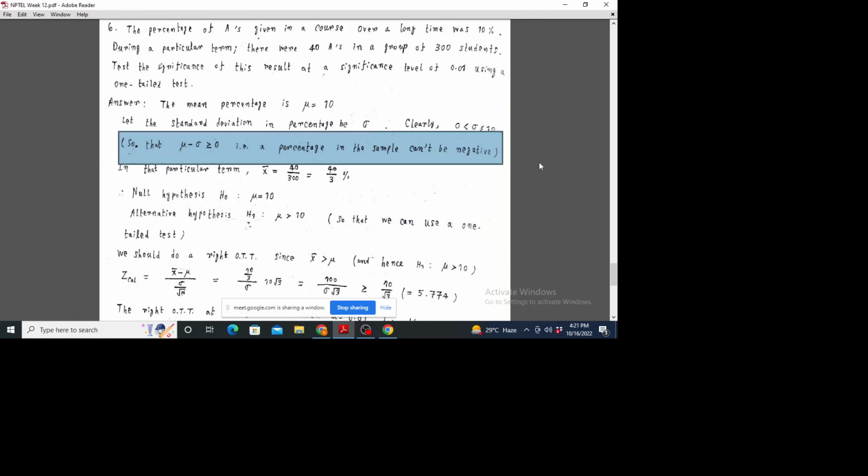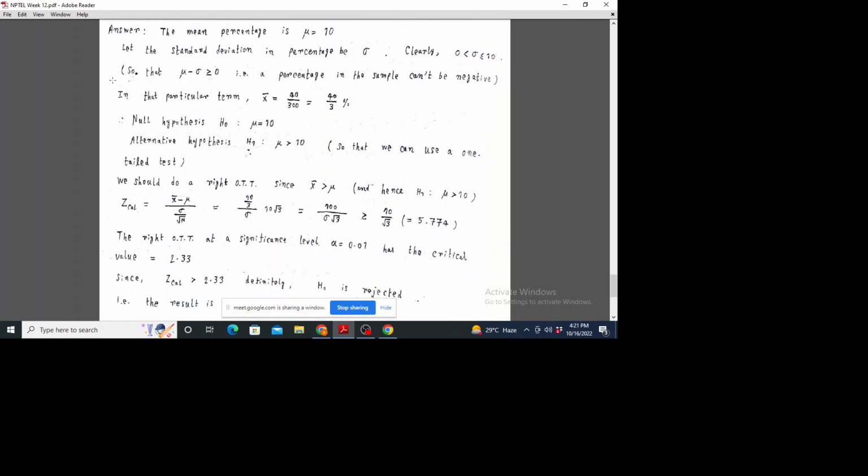So the sigma can only lie between 0 and 10. Sigma cannot be greater than 10. Of course it will be less than 10, but we are not given it, and we can only infer that it cannot be greater than 10. So this is the bound on sigma. Now in that particular term, we found that this x bar is 40/3%.